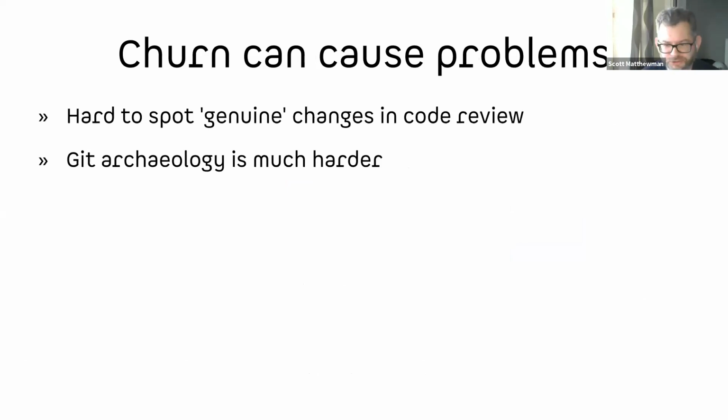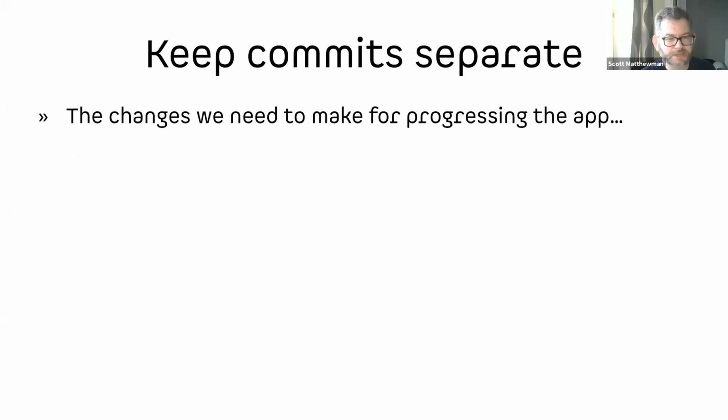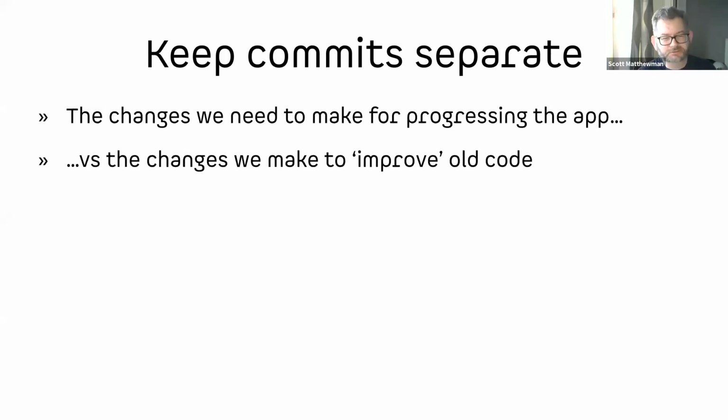And in future, when we're coming back and wanting to see why a file has changed at a particular time, it can actually be a lot harder to see what the real change was and what was just a linter induced change. Some things you can do to alleviate that, to keep commits separate: you can have the changes of code that we're actually interested in in one commit, and the RuboCop or linter induced changes in a separate commit.